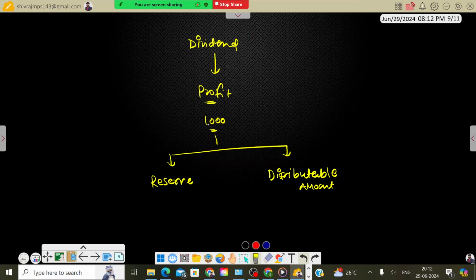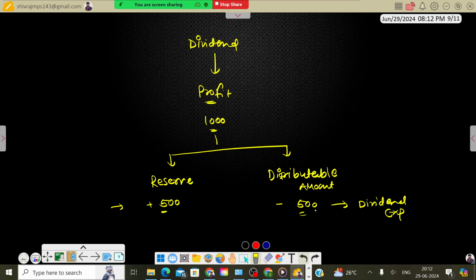So let's say out of 1000 rupees, the company decided to process 500 to the reserve for safekeeping purposes, and 500 to the distribution, which is the dividend expense.